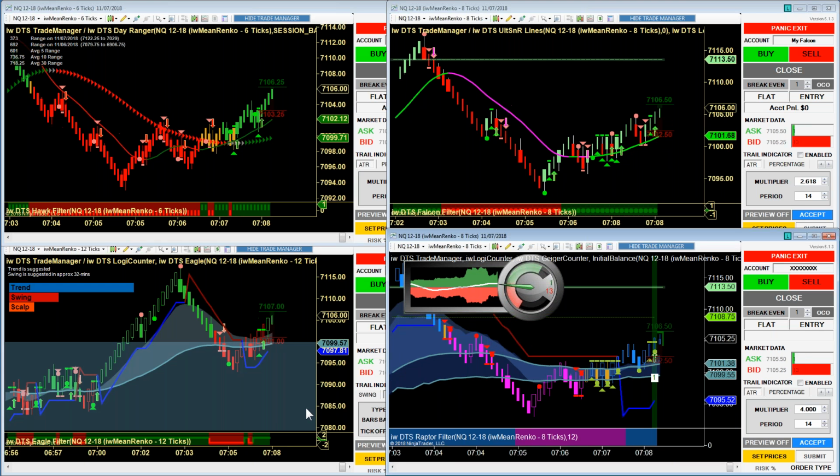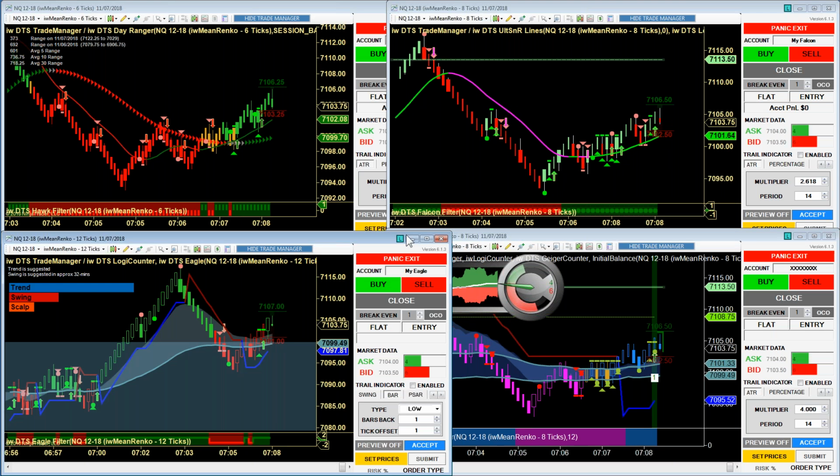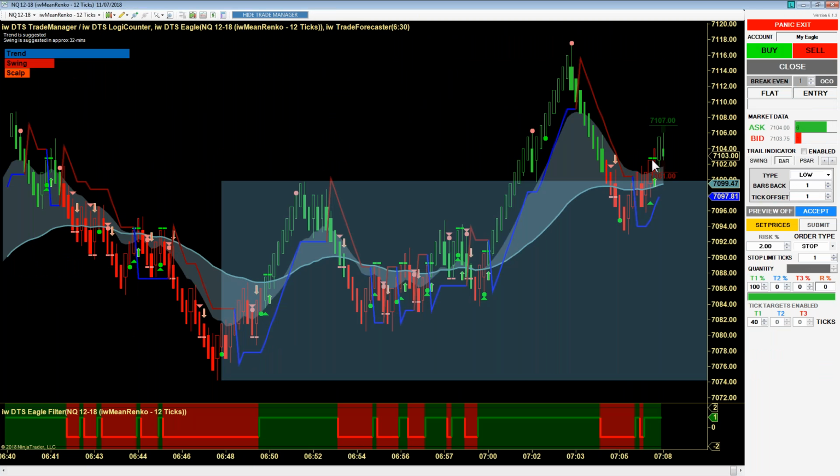Oop, I was a little bit late here on this red bar buy signal in the Eagle. That's off of the hard edge.